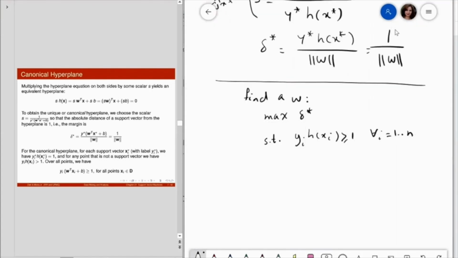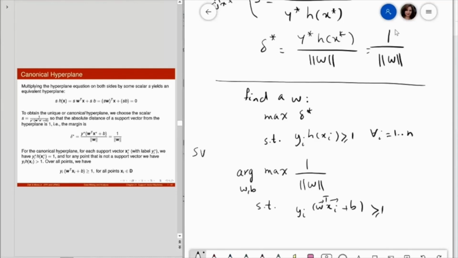Okay, so basically our objective is going to be finding W and B as the arguments that maximize the distance with the margin, which is now fixed, 1 over norm of W. And then we have these conditions that yi (W transpose xi plus B) are all going to be larger than or equal to 1.